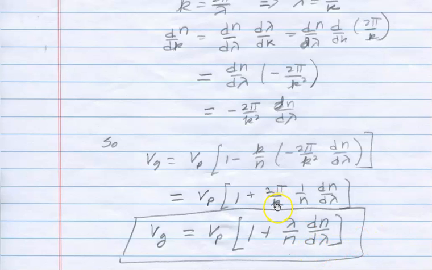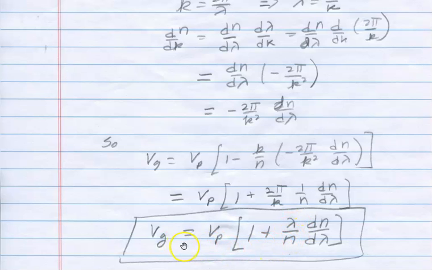K, remember, is 2 pi over lambda, so the 2 pi's will go out and the lambda will flip over on top. And so this factor here simply is lambda, right? 2 pi over k is lambda. But in any event, use the lambda-k relationship and you get to this form.